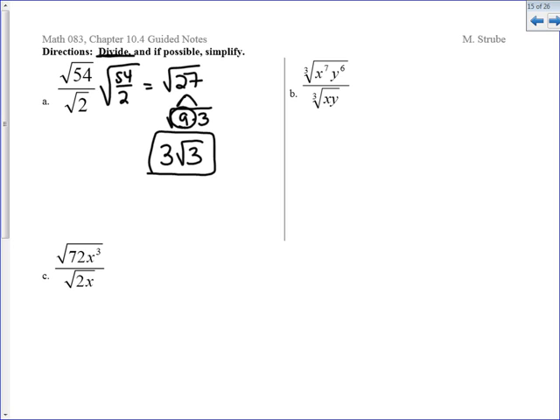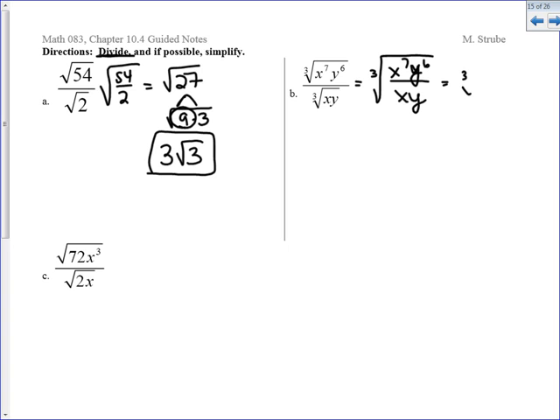So for B, when you see the two separate square roots, you certainly can combine them back together. And, oops, that's a Y. And divide the radicands. When you divide variables, what do you do with those exponents? Subtract them.